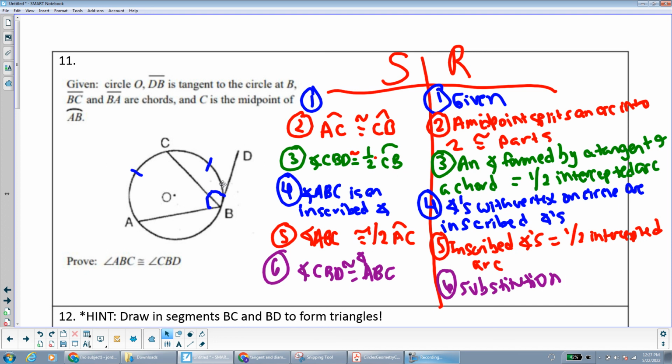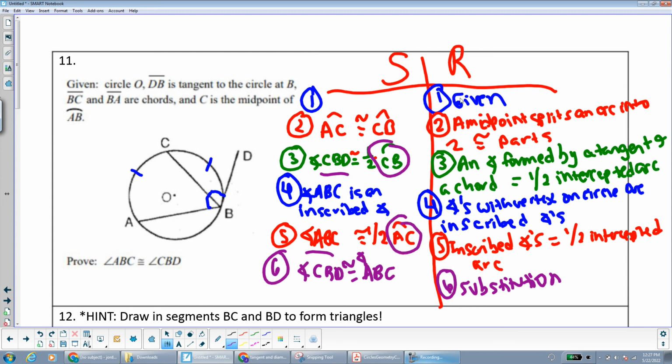The reason that I didn't say transitive property is because transitive property is when two things are congruent to the same third thing. So as you can see from steps 3 and 5, CBD and ABC, one of them is half of CB, and ABC is half of AC.